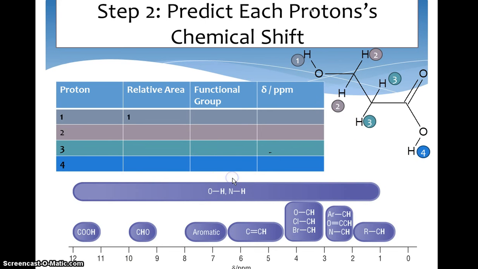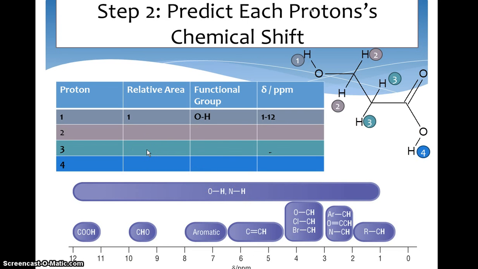Okay, so first of all, this hydrogen here is an OH. The relative area would be 1 because there's only 1 of that type, and the chemical shift, well, you can see for an OH proton it's quite massive, so it could be anywhere along there.